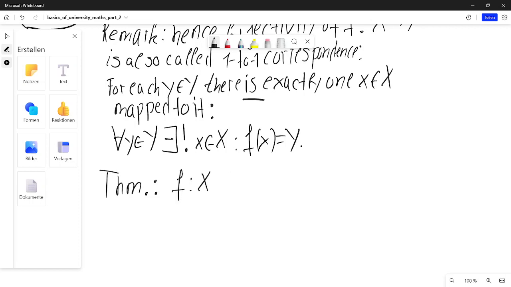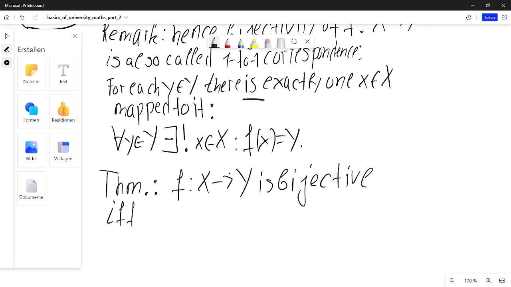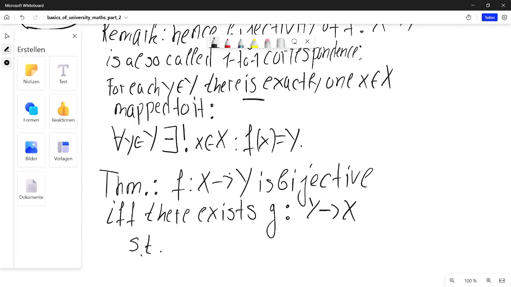f from X to Y is bijective if and only if there exists g, of course from Y to X, we go the other way around, just think of it element-wise, such that f g is equal to identity, f g, and think about where this map goes.